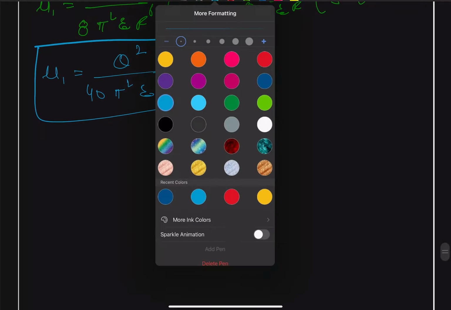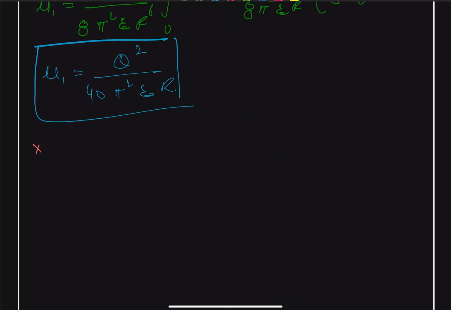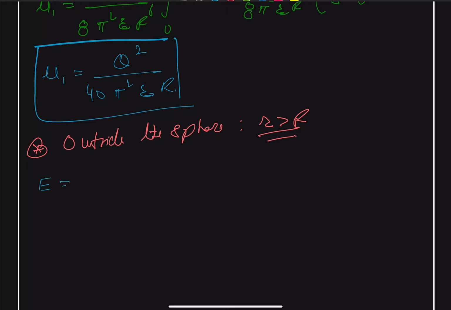Now we come to the outside of the sphere, which basically means r is greater than capital R, and we know that the electric field will be equal to 1 upon 4 pi epsilon naught times Q upon small r square.